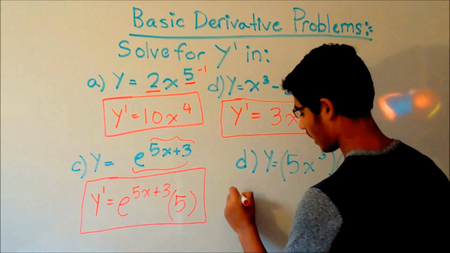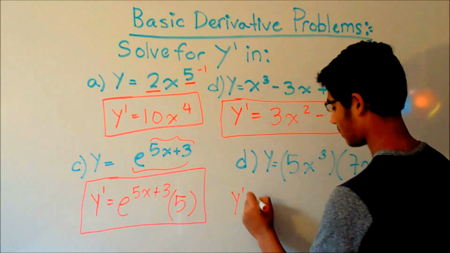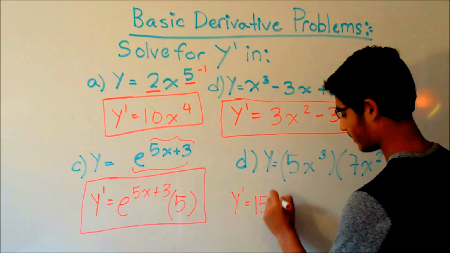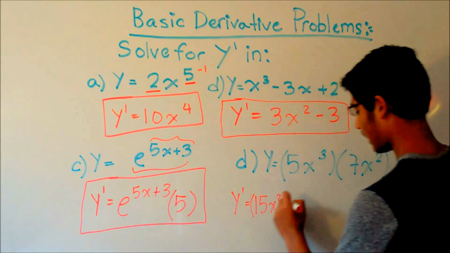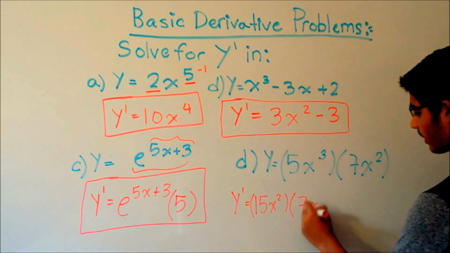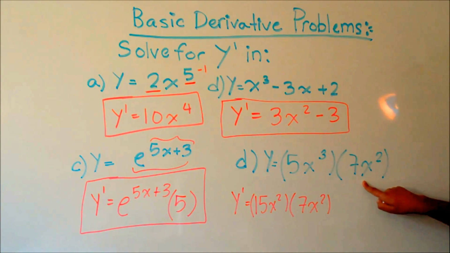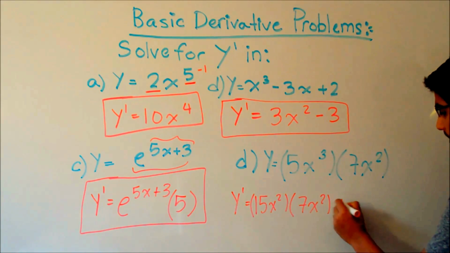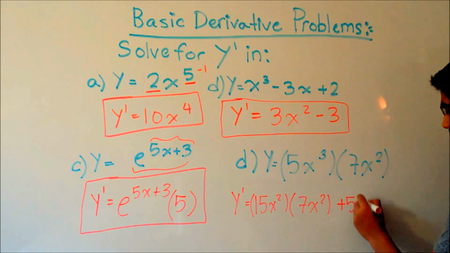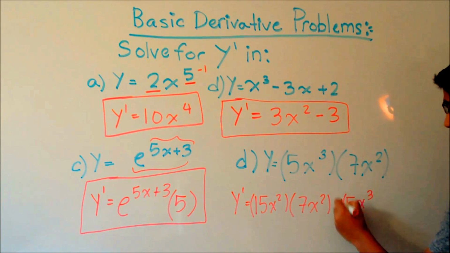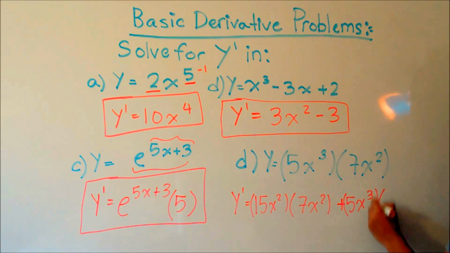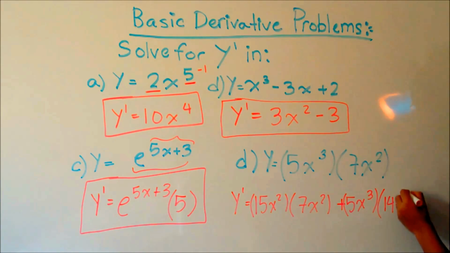So we have y prime is equal to 15x squared times 7x squared. So we found the derivative of the first function and multiplied it by the second function, plus 5x cubed, the first function, times the derivative of the second function. 7x squared would become 14x.